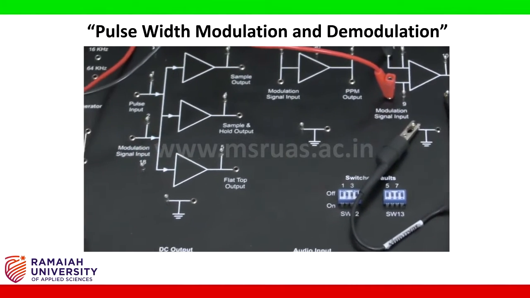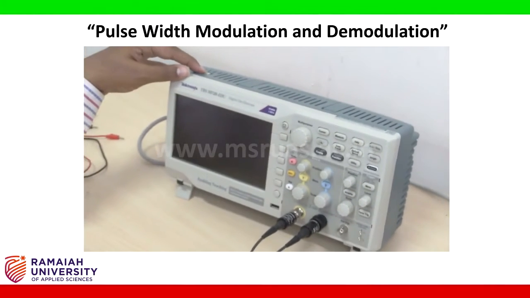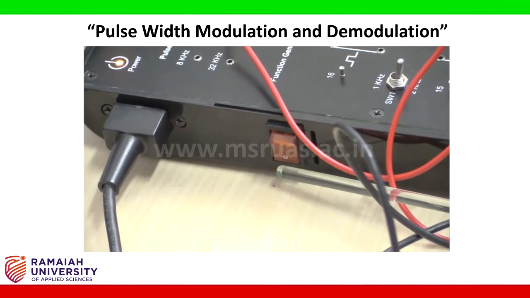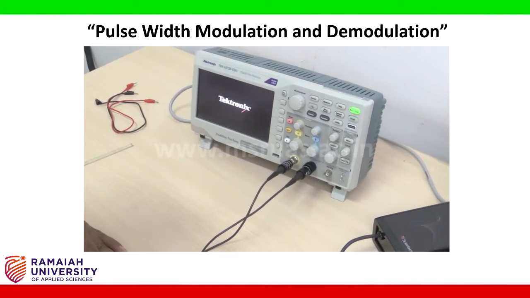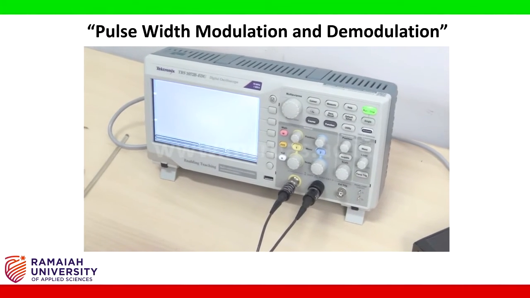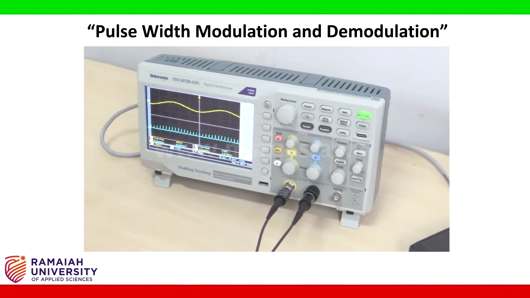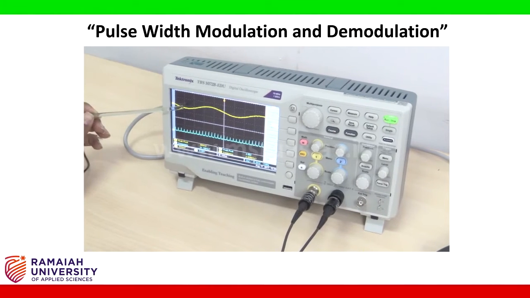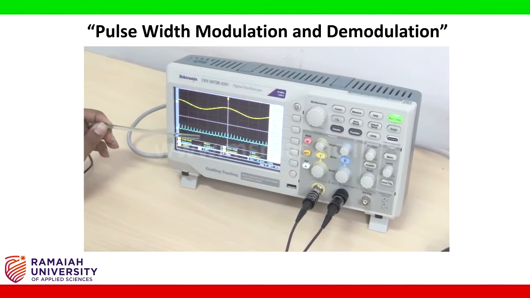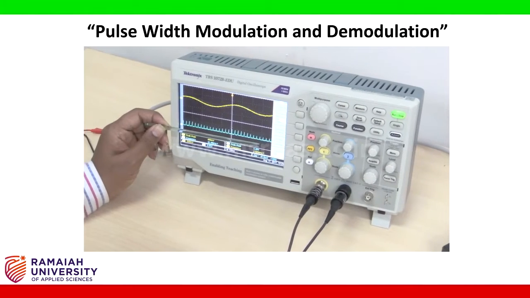Now connections are over. Let us switch on the oscilloscope and the Syntec board. In this yellow waveform, that is the input sine waveform, and these are the pulses with different amplitude, different width.